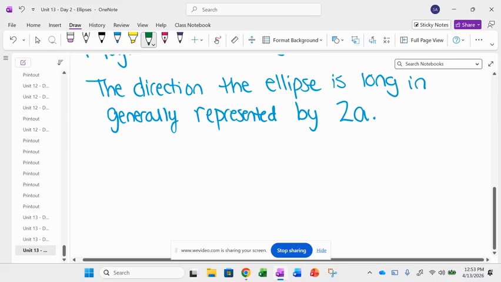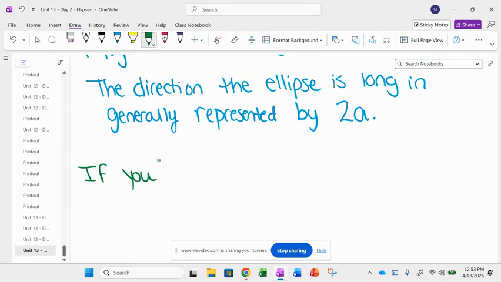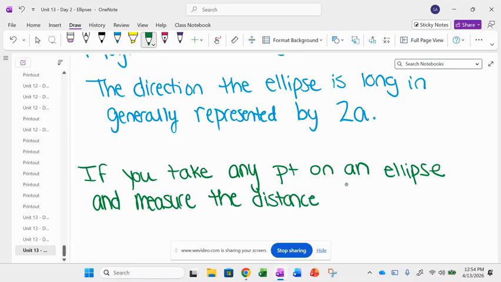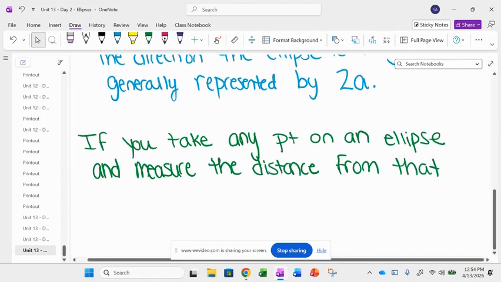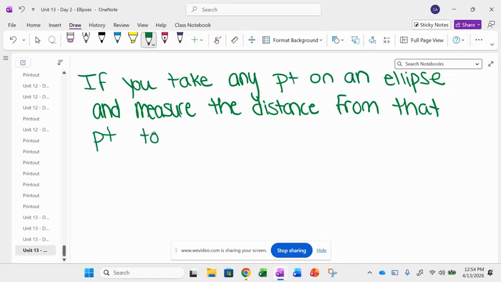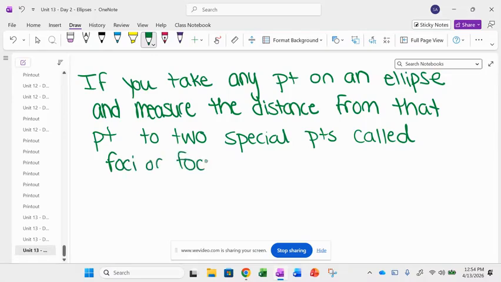All right, so some information about an ellipse. If you take any point on an ellipse and measure the distance from that point to two special points called foci or focuses, both versions are used.